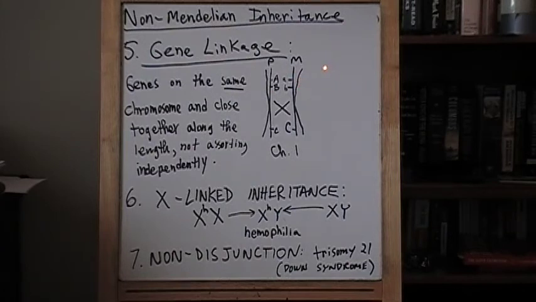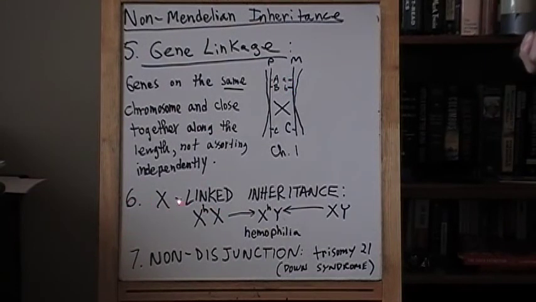His second law, the law of independent assortment, applies to genes that are on different chromosomes or are separated by a large distance on the same chromosome. But if they're very close together, that's called gene linkage, and they would not necessarily assort independently because of their linkage, their closeness.